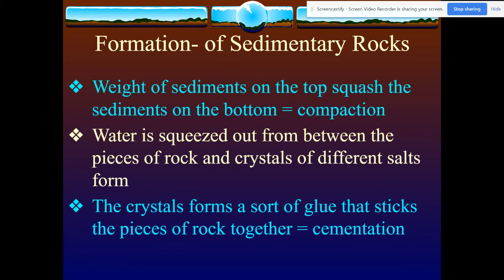Those crystals form a sort of glue that then sticks the pieces of rock together, and this is known as cementation. That's the same as cement. That's the way that cement works. Cement is just a combination of different rocks, sand, and water. So this is actually the same concept that happens here with sedimentary rocks. Cement is man-made, but kind of an example of a sedimentary rock.